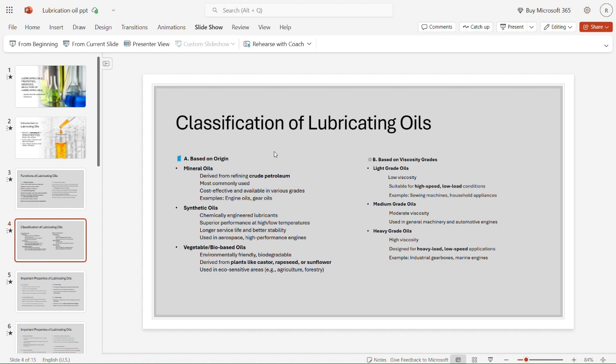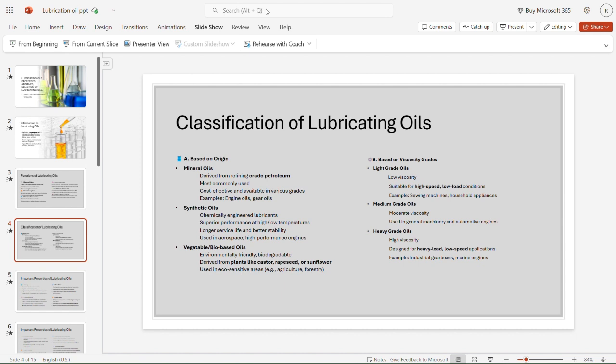It is a chemically engineered lubricant, meaning we perform a chemical reaction with the oils and enhance their efficiency to work properly. Because of the chemical work on the oil, its efficiency is increased.